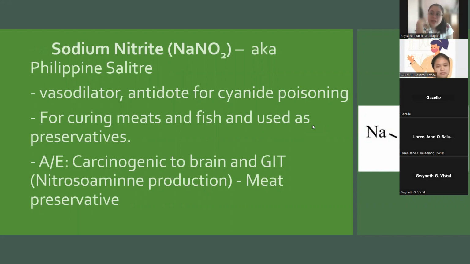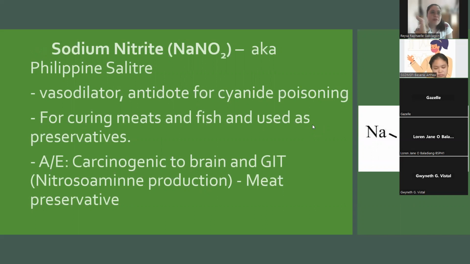So, cellular mismo yung mga cells natin that needs oxygen, mag-i-interfere siya doon. So, mangyayari your cells will be deprived of oxygen. And remember, without oxygen, these cells cannot function well. So this is life-threatening, and syempre, it is considered as a poison.